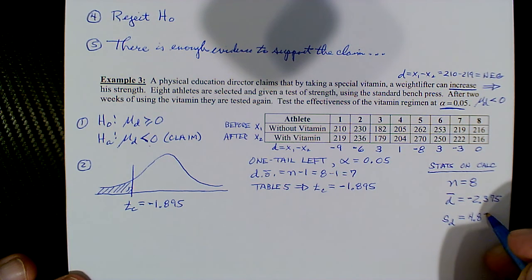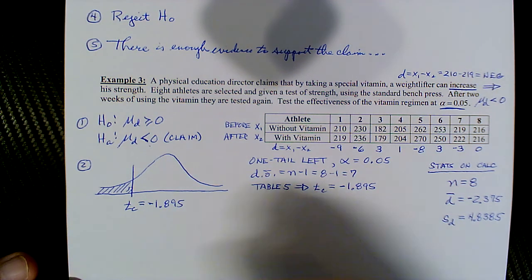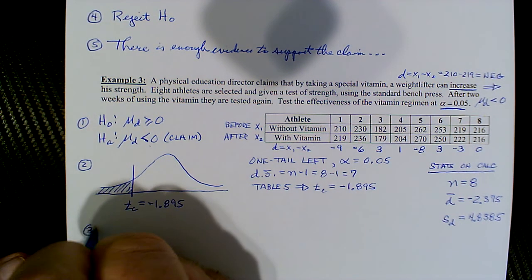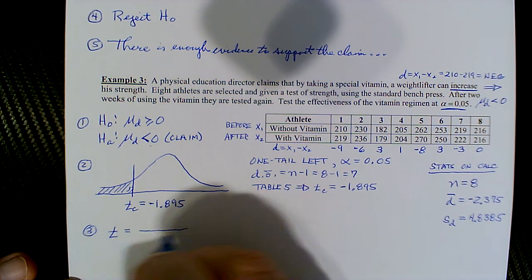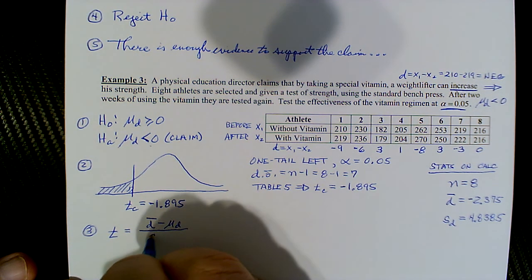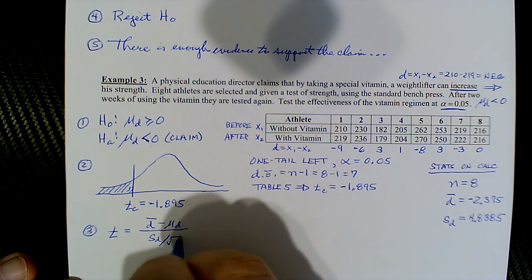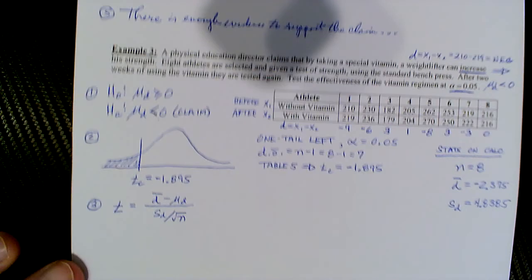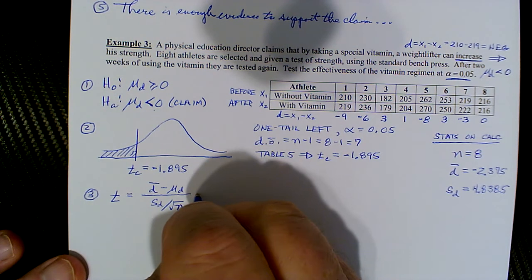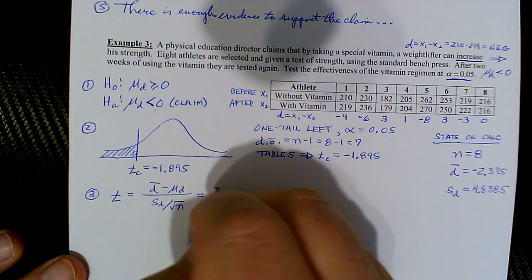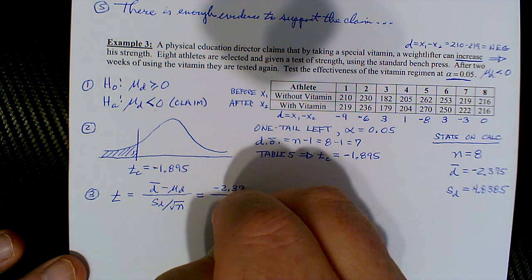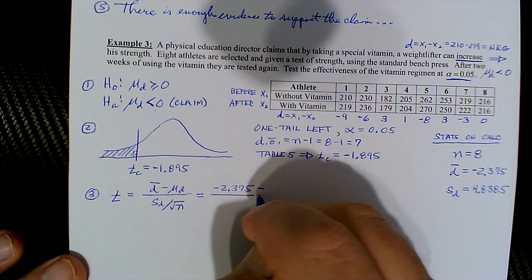I'm going to use 4.8385. Okay, so now we can calculate our test statistic. Again, the formula, d bar minus mu sub d all over s sub d divided by the square root of n. And plugging things in, we have d bar was the negative 2.375 minus mu sub d is always 0.